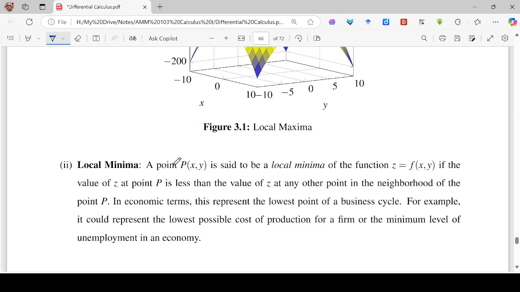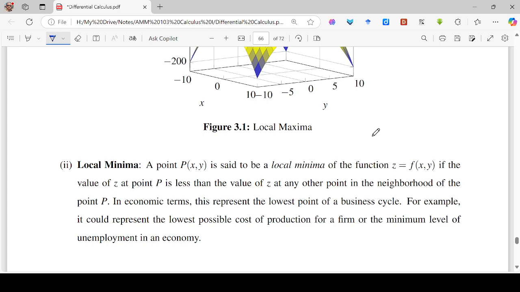So a point P having the coordinates x, y is said to be a local minima of the function z equals f of x, y if the value of z at point P is less than the value of z at any other point in the immediate neighborhood of that point P. So if we think of this in terms of economics, this may represent the lowest point in a business cycle.